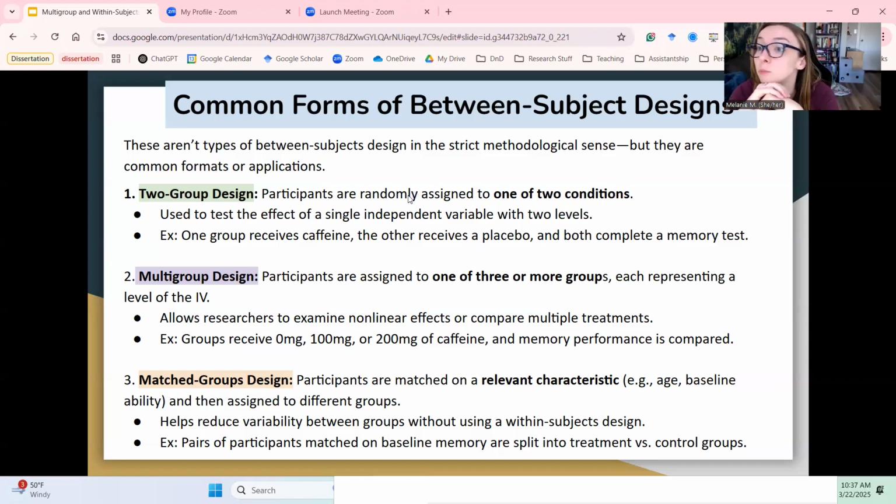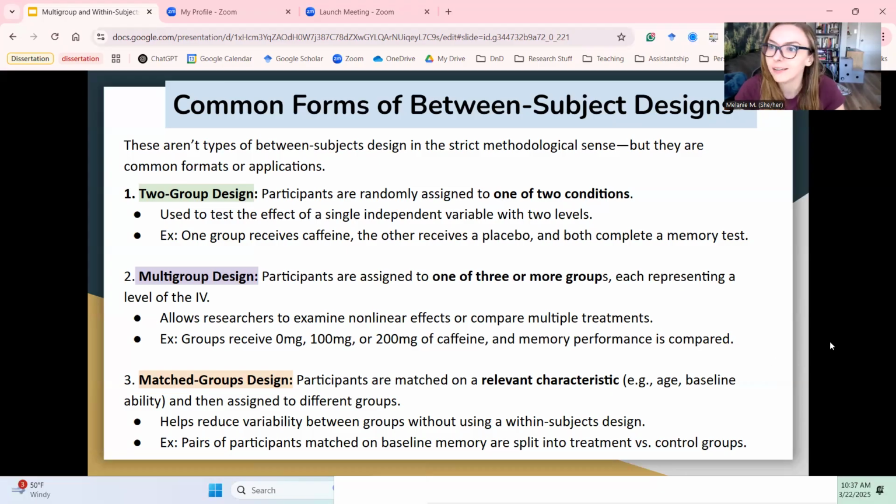It helps spread out some of those differences in a way that you'll actually see in a real human population. So matched group can be really helpful if you know that there are meaningful character differences between participants that you want to try to control for. Okay.